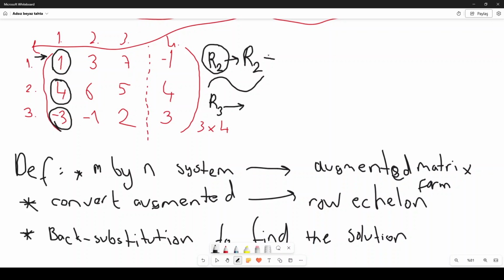So I can add to R2 something, and this something can be a row multiplied by a scalar. In this case, I want to convert the value 4 into 0 by using row number 1, because the pivotal element is in row number 1 for the time being, in the first iteration.